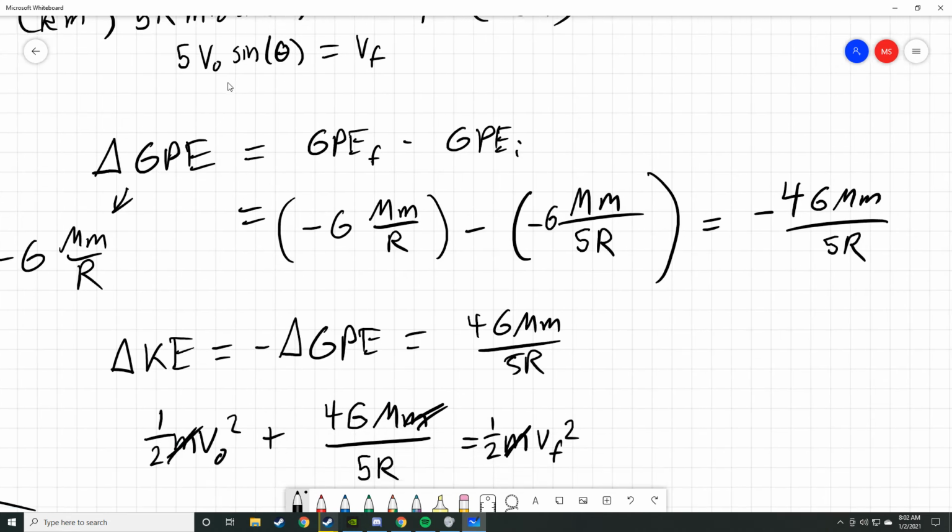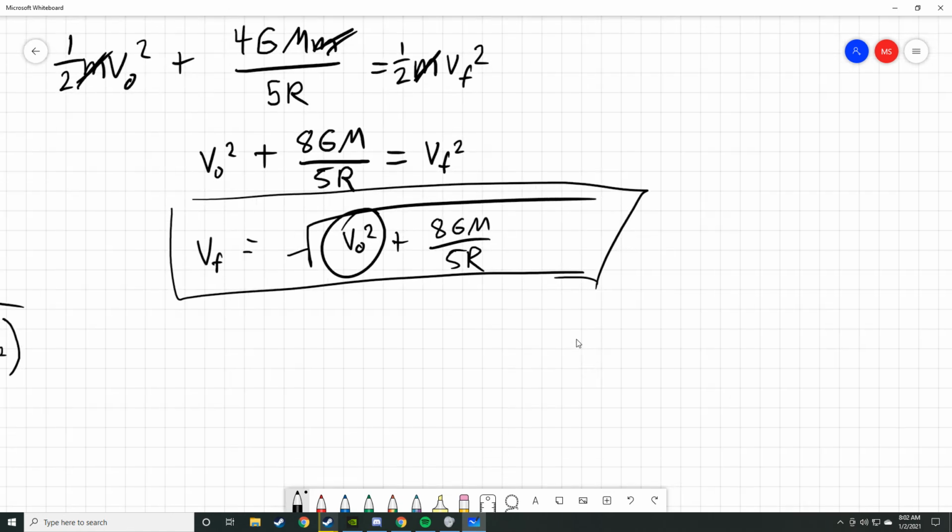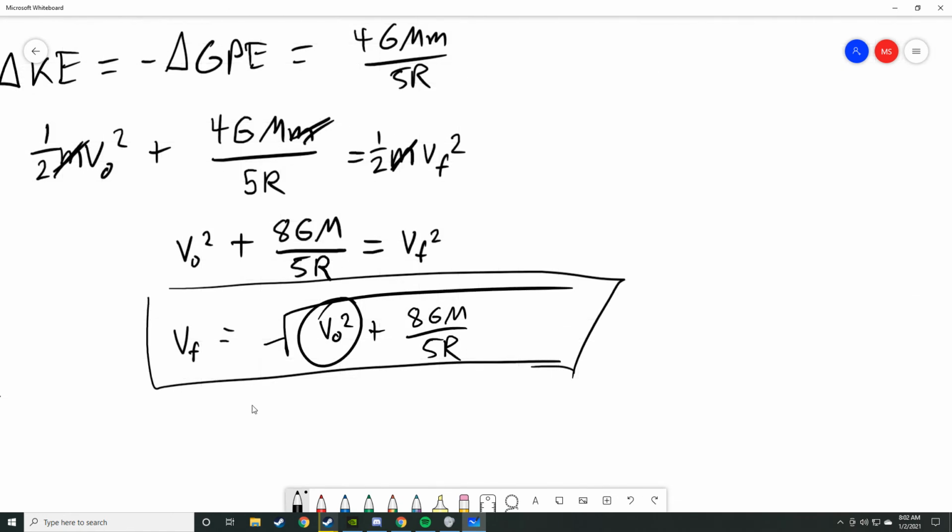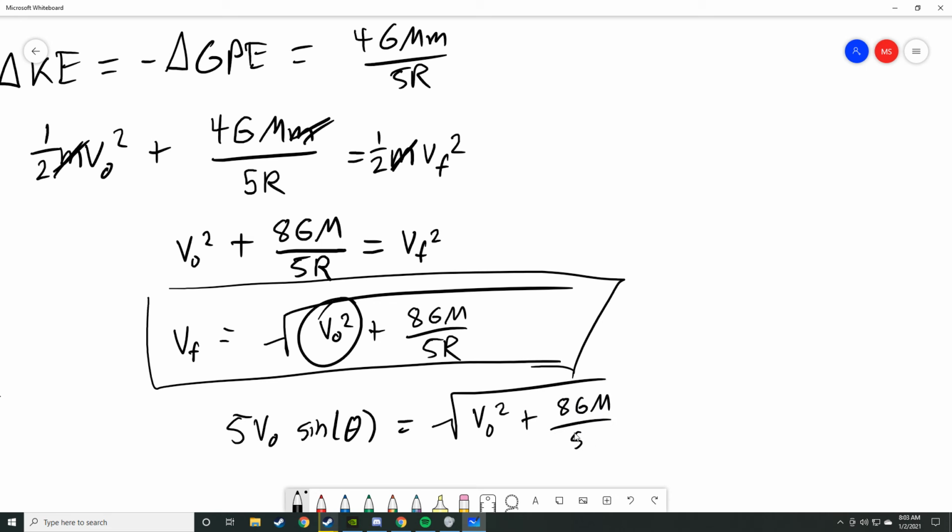So 5V naught sine theta is equal to V final, which is the square root of V naught squared plus 8g m over 5r. Okay, there we go.